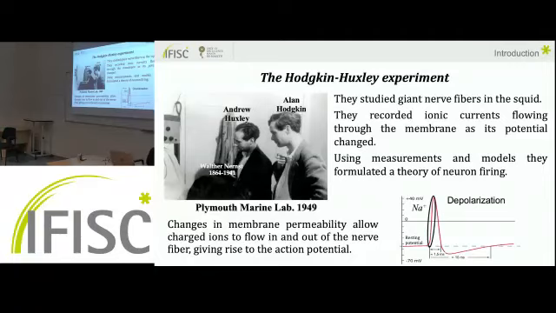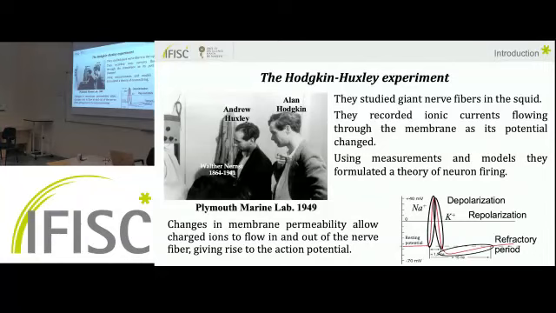Since sodium is positive, it charges positively the internal part of the cell, and the membrane potential rises. It arrives at the maximum where this channel closes and the potassium channel opens. Potassium is inside, is positive, and goes out. So this is the repolarization part, which compensates the charge and leaves the cell again at the resting state.